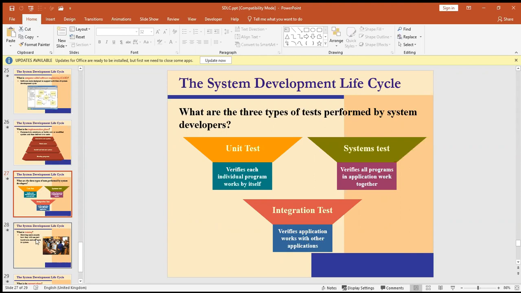We have 3 types of tests that we are supposed to always subject software to. First, we have what we call unit testing. Let me give the most basic example. We have the website of the university, and on that website we have pages, for example home, about us, contact us, and so on.